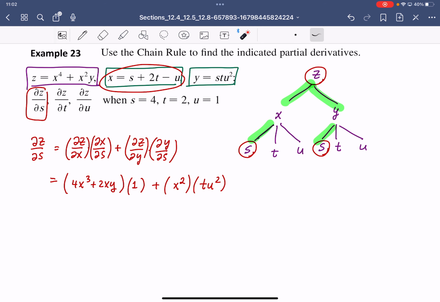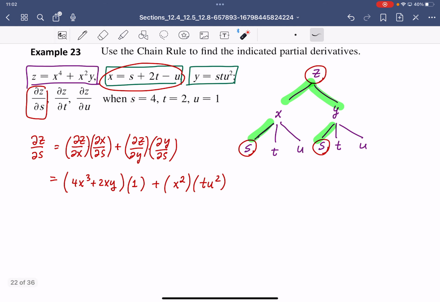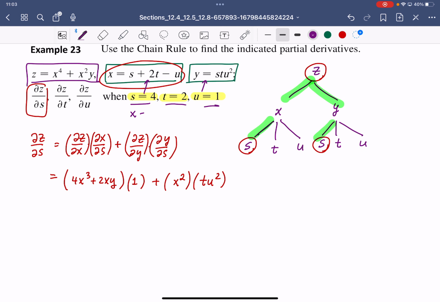Now you plug in everything. Some of you don't know how to plug in. s equals 4, t equals 2, u equals 1. If you calculate, plug s, t, and u back into the formulas and you get x and y as well. x is going to be 4 plus 4 minus 1, so x is minus 1. And y is s times t times u squared, so y is 8.